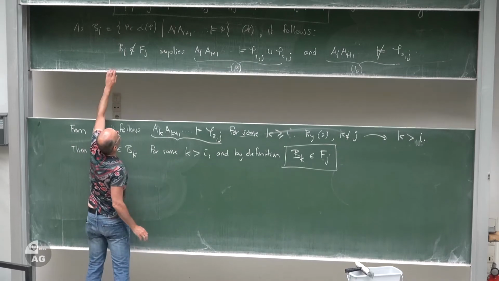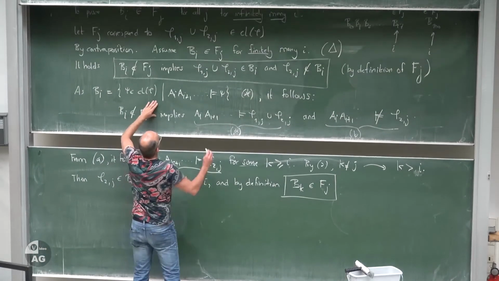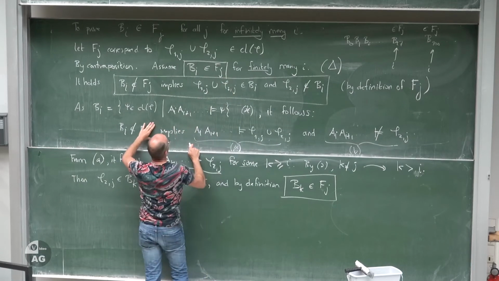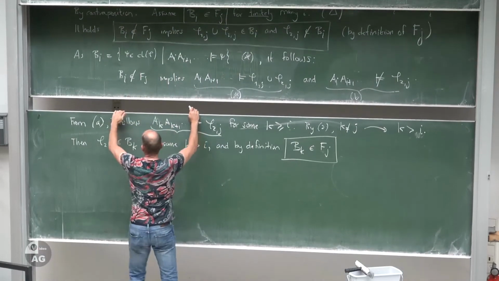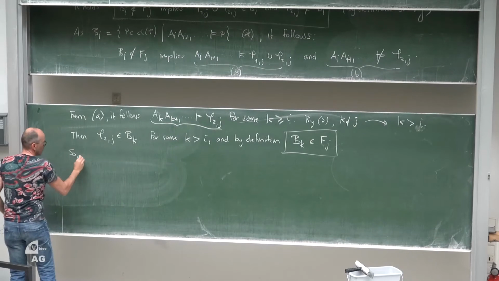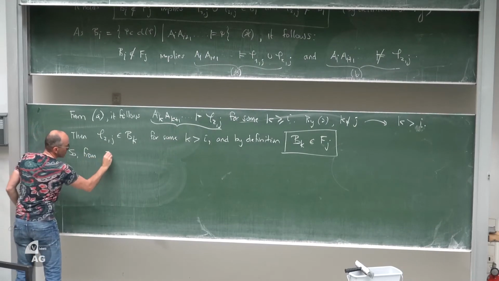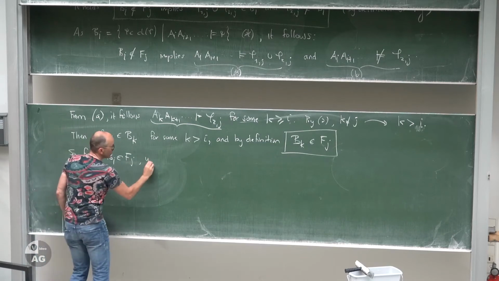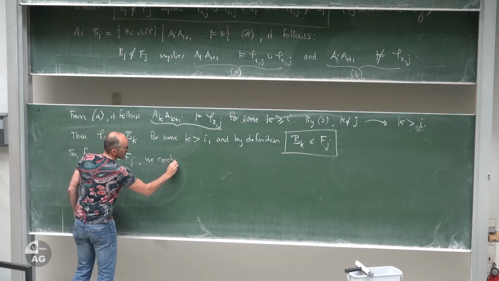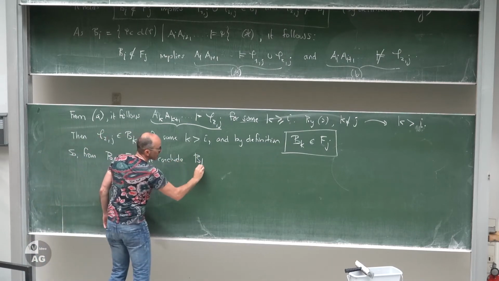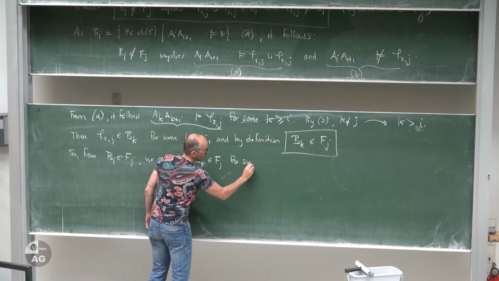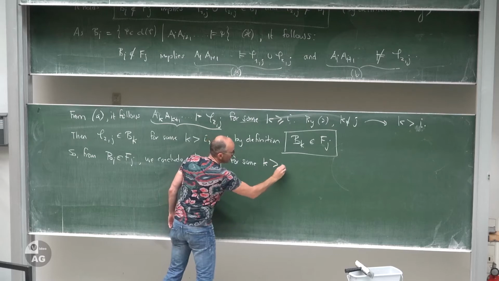We started by saying bi belongs to Fj. So summarizing, from bi belonging to Fj, we conclude bk in Fj for some k strictly larger than I.